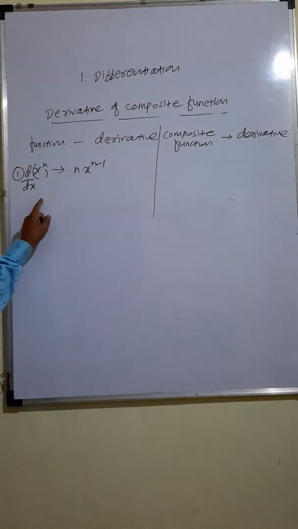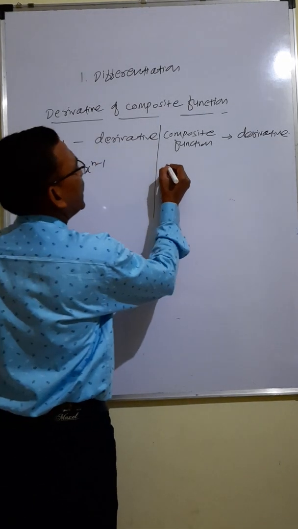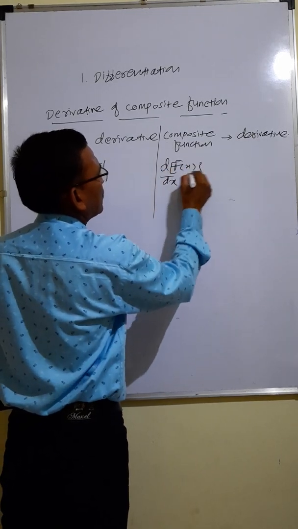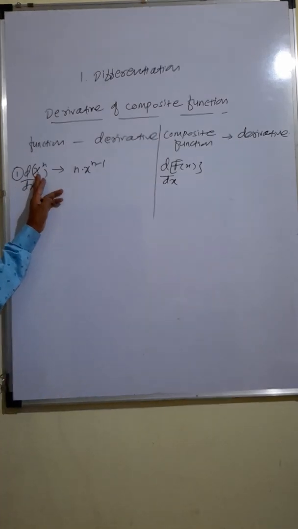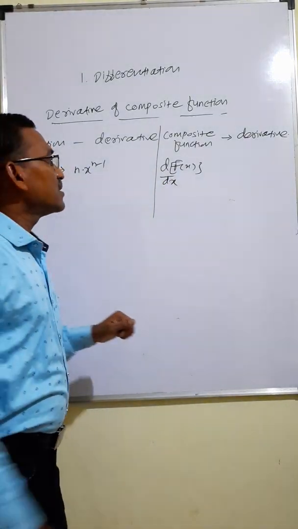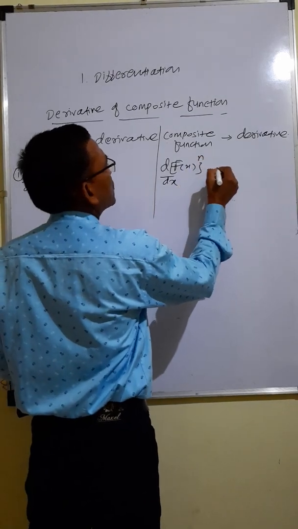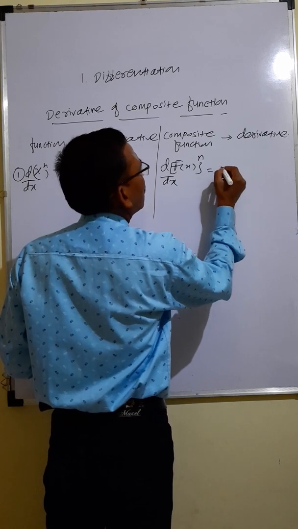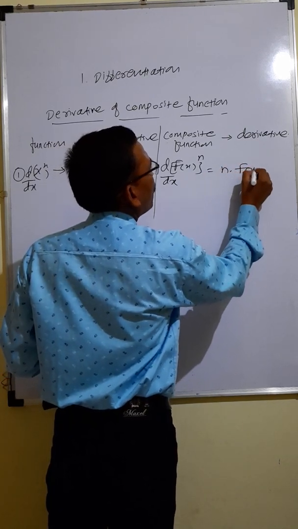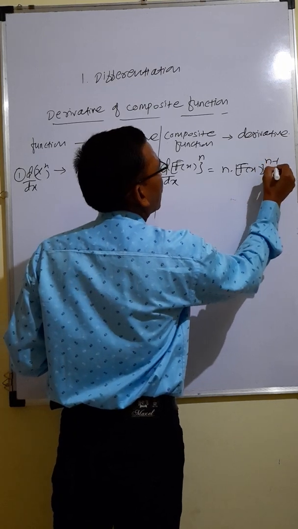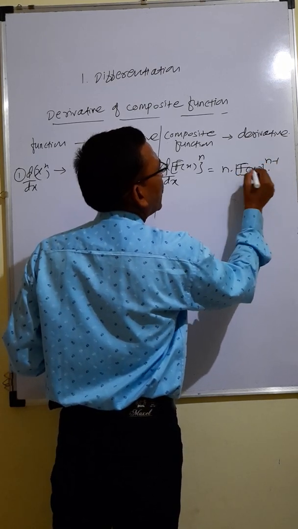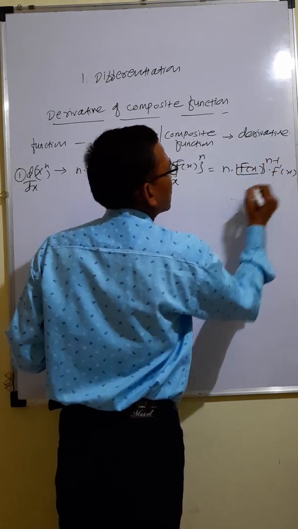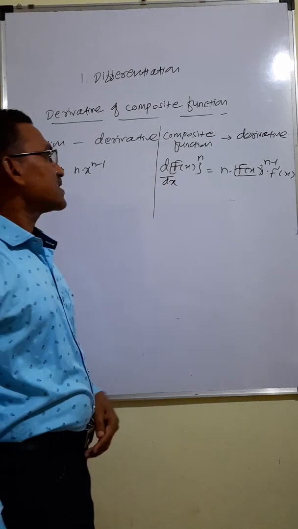And in the same way, in the composite function, the derivative of f of x raised to n with respect to x. Where there is x, it is replaced by the function f of x, and therefore the derivative of a composite function is n into f of x raised to n minus 1, into again, we have to find the derivative of this f x, which is f dash x.